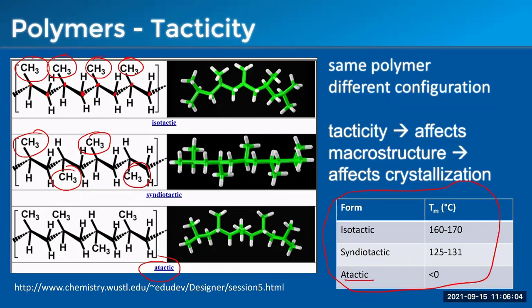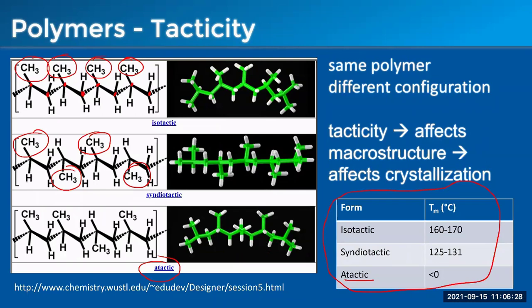Atactic polypropylene has a melting temperature below 0 Celsius. And you can probably guess now why that is. If we've got these pendant groups associated on different sides of the chain in a random configuration, these molecules generally can't coil into a predictable pattern.